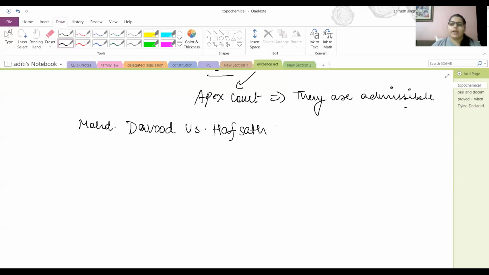Secondly, we understood the meaning of the term fact, fact in issue and relevant facts. Then we understood what the term relevant means, and the difference between relevancy and admissibility. And lastly, we covered the meaning of evidence, and the history of the term evidence.